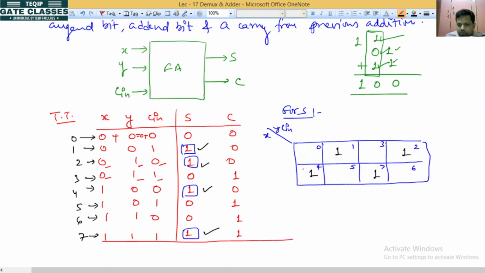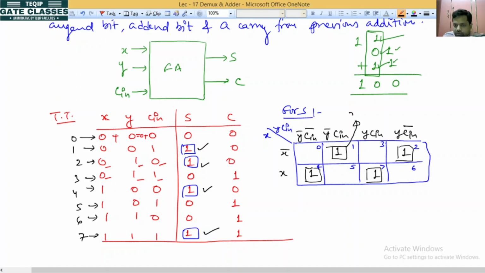grouping जब हम करेंगे then we cannot group them, okay na? So we have to perform one cell grouping only. So it is x bar y bar c in bar, y bar c in, y c in, y c in bar. Now if you talk about this one, then it is, what will be the function for this?